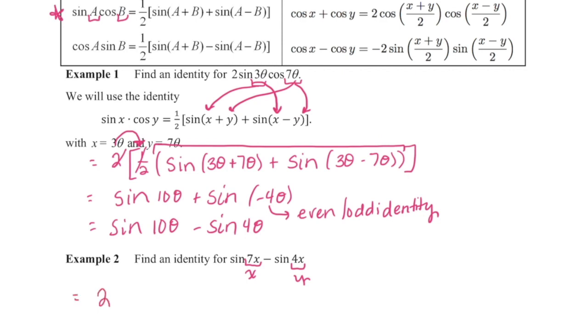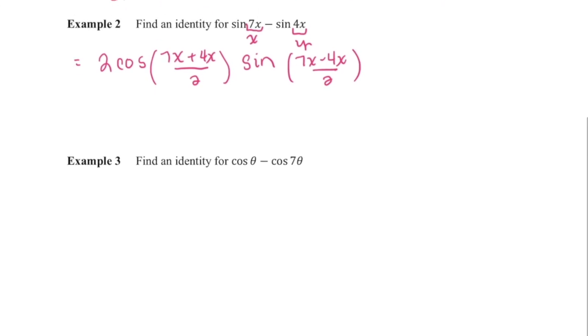Utilizing the identity, I'll have 2 times cosine of 7x plus 4x over 2 times sine of 7x minus 4x over 2. Simplifying inside our parentheses, I'll have 2 times cosine of 11x over 2 times sine of 3x over 2. And at this point, we're finished. There's nothing else that we can do to combine together.